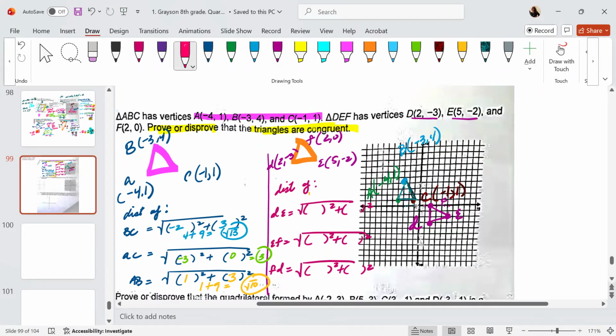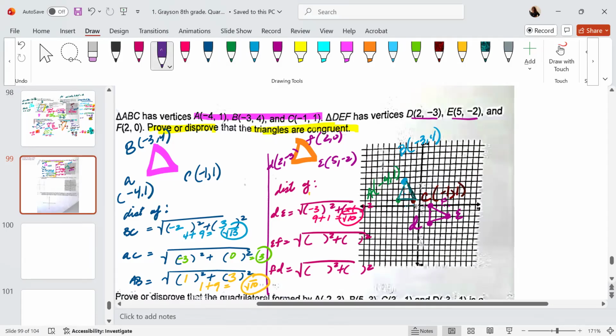Okay, what is DE? It's 5. I got square root of 10. DE, 2 minus 5 is -3. -3 plus 2 is -1. Do you see the mistake there?